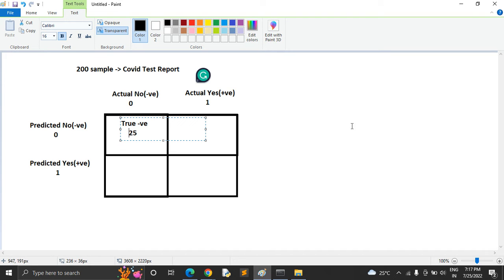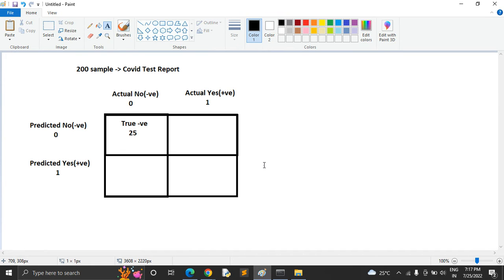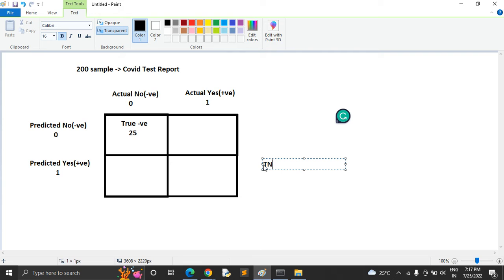That is a good thing. So here there is something called true negative. Now what does true negative mean? True negative is when the model predicts negative and in reality they are negative.